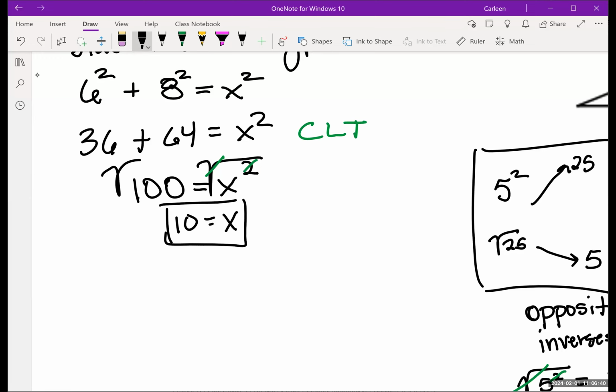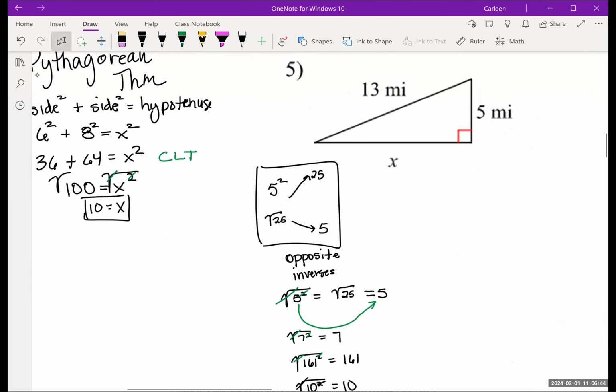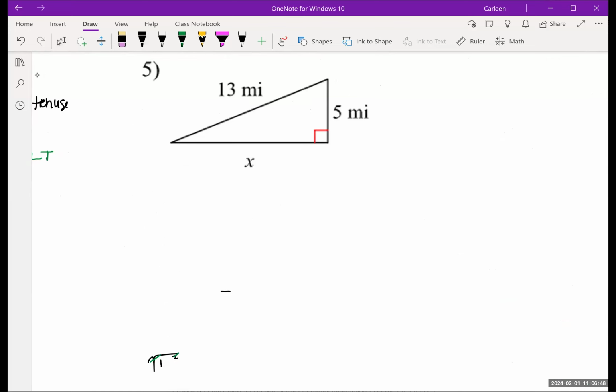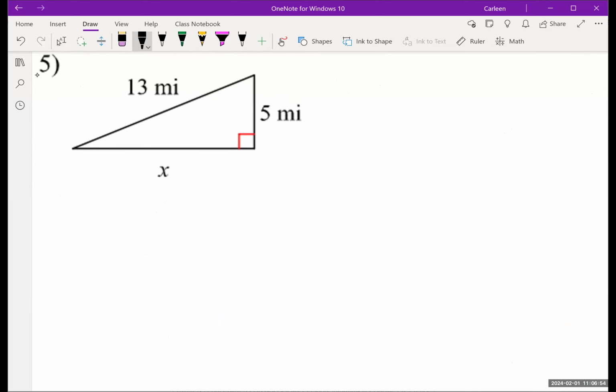Pythagorean theorem. Okay, let's do another one. Let's be a little more careful and let's label the hypotenuse. That's what I like to hear. And that's why you guys participating actually makes it easier, even if your guesses are wrong.